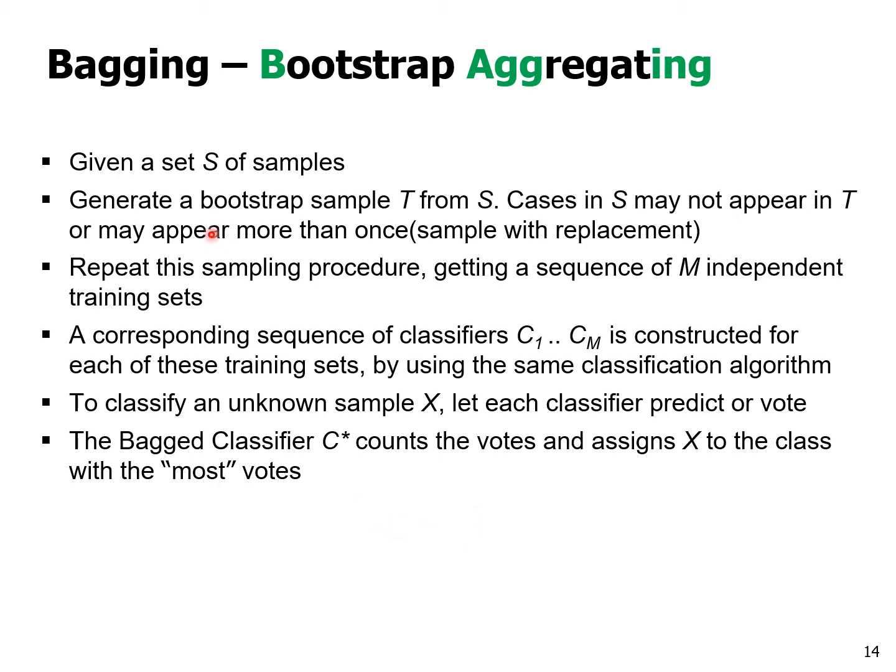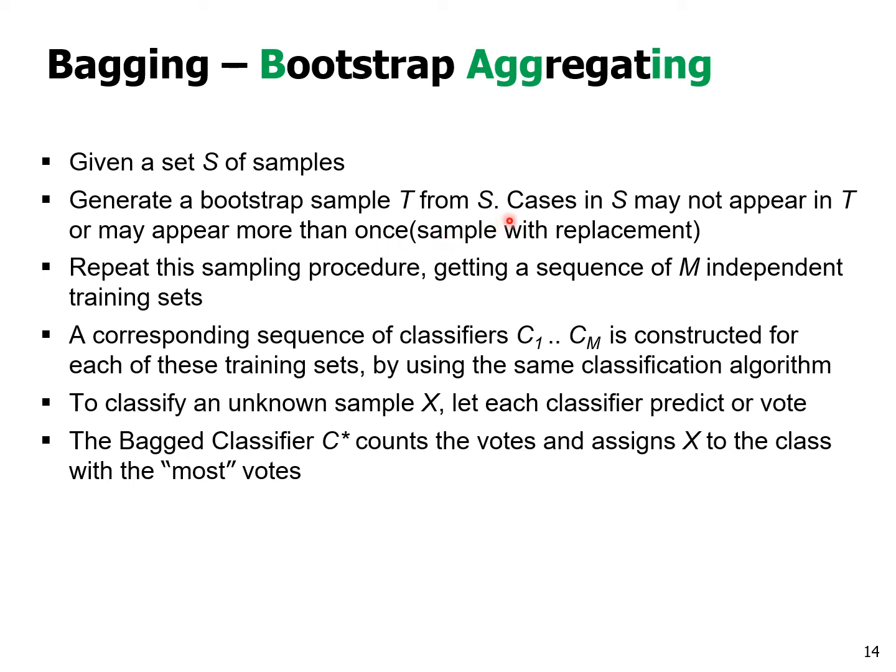I'm going to explain it in this slide. Suppose you have a training sample S. Then you generate a sample T from training data S. The data in S may not appear in T or may appear more than once.